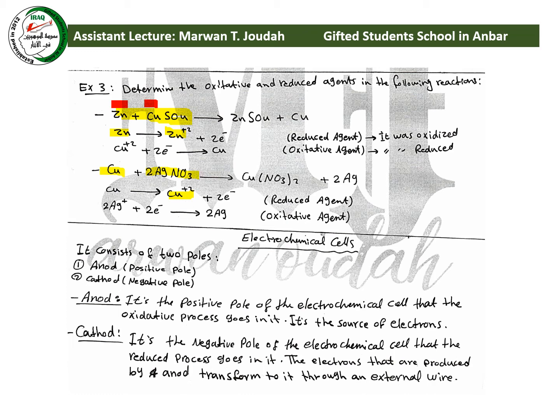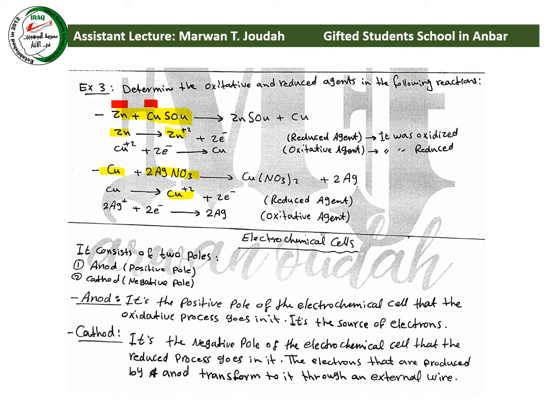All right, it's easy. Now let's move to the electrical cells. We have more than one type of electrical cell. We will consider two or three of them and go through each one in detail. Let's see what the components of any electrochemical cell are.